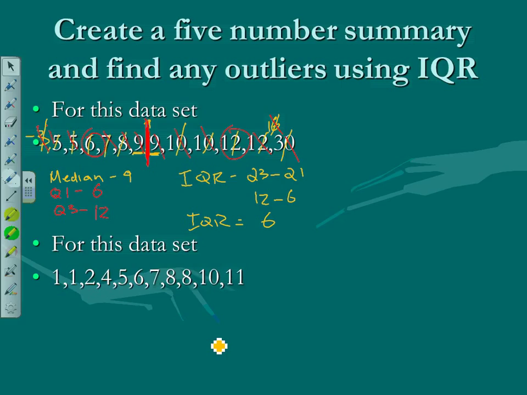That will be the length of my box. Well, the next value we need to find is 1.5 times my IQR. This will help determine outliers.